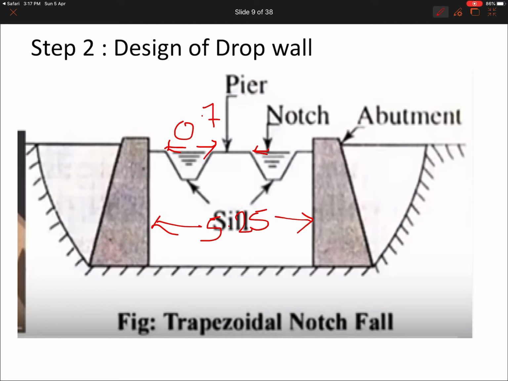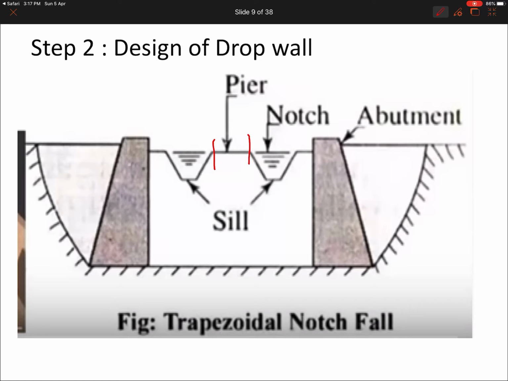This width here also is 0.7. Okay, so we want to find this distance. How can we find it? Subtract 5.25 minus 2 times 0.7, divided by 2, and we will get this distance. Then by 2 we will get this distance. Clear?